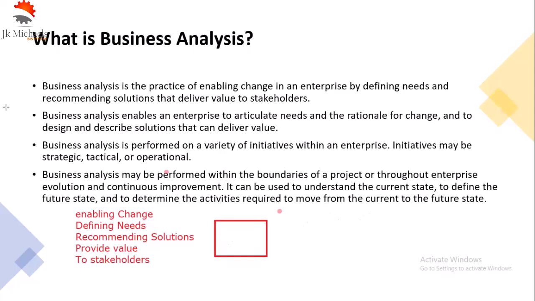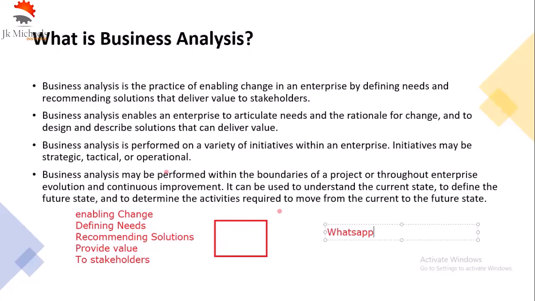enterprise evolution. An example of an organization that does business analysis work continuously through its evolution for continuous improvement is WhatsApp. WhatsApp has been able to evolve from the very small scale texting app we met around, I think it was 2010 or 2011, maybe between 2009 to 2011, right? I think so, into the behemoth that we know today, right?